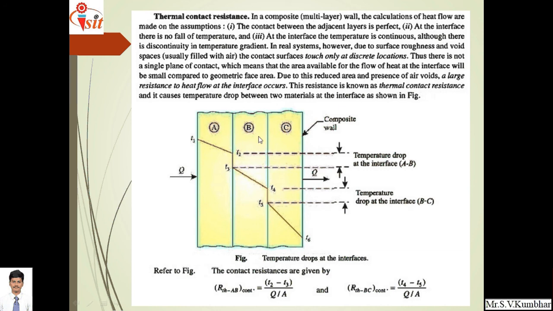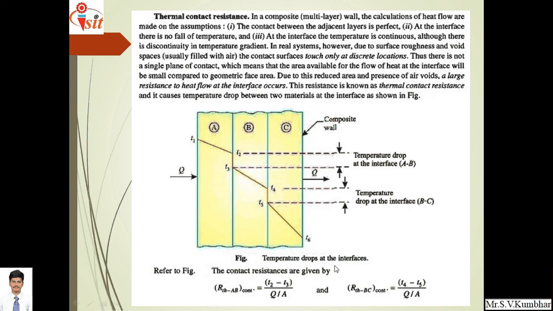Similarly, at the junction of B and C, only T3 should be there, but because of the air gap present between B and C, the temperature drop T4 to T5 is present, right? Now this composite wall has an air gap or void at the junction, that's why the temperature drops from T2 to T3 and T4 to T5 occur.